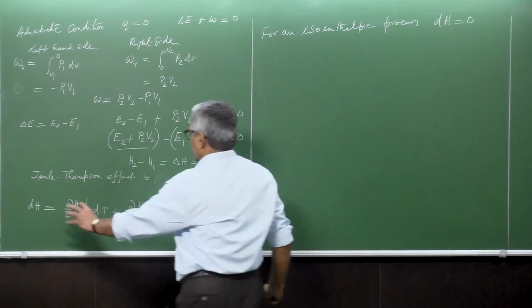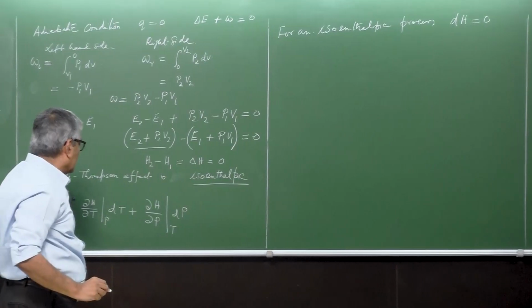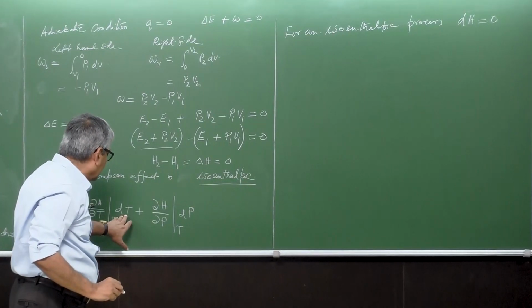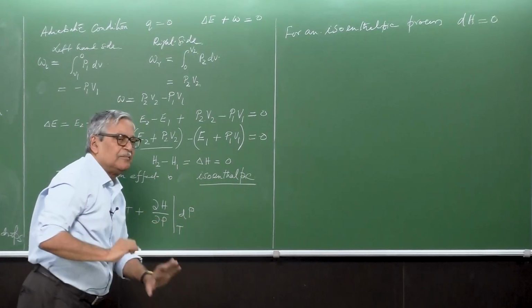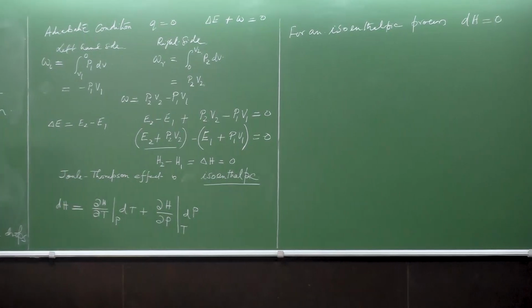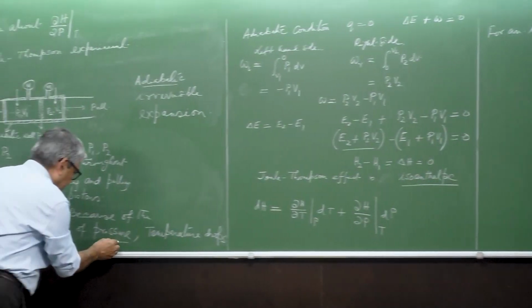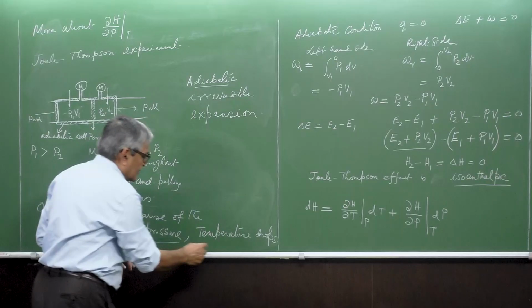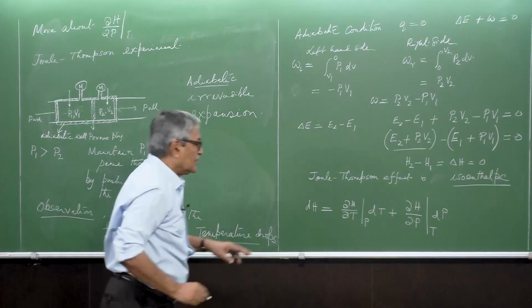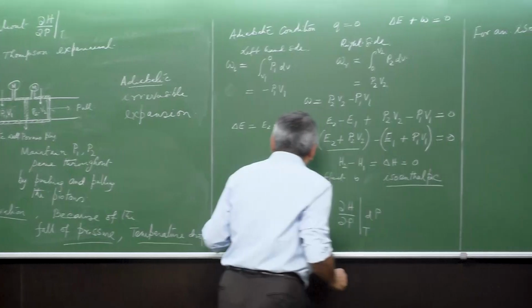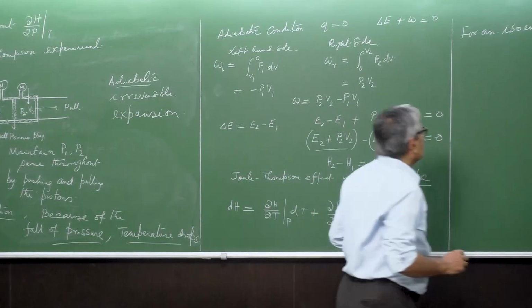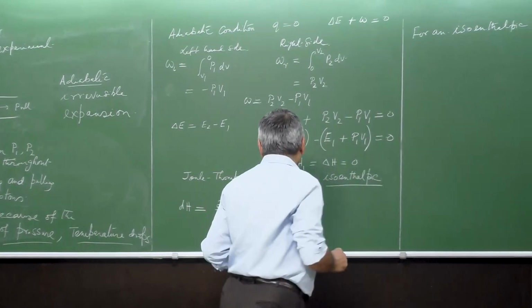That's very interesting. If dH is 0, then we can see how dT and dP can be related, because a change in pressure creates a change in temperature. So this is a clue for understanding these consequences.